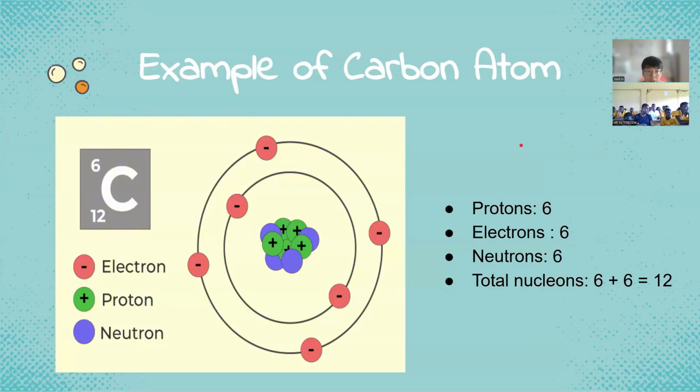But let's continue with an example of a carbon atom. This is a carbon atom, and you can see these numbers. It says 6 and 12. So 6 over here is the number of protons, and it is also the number of electrons.